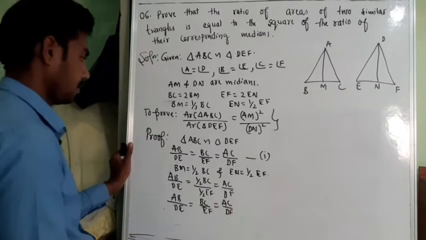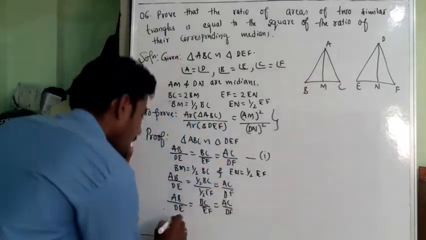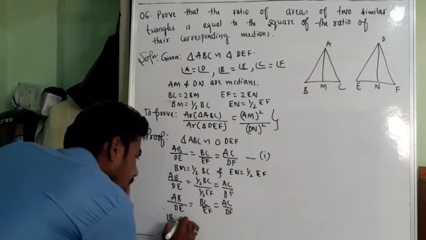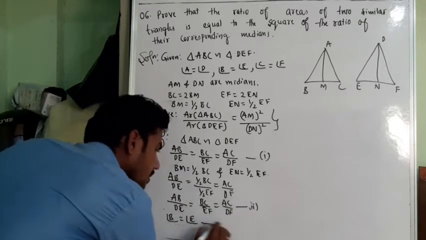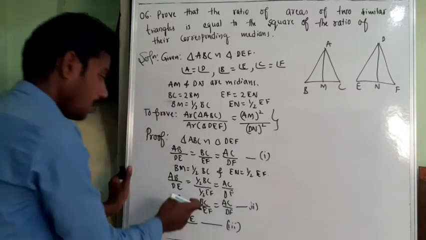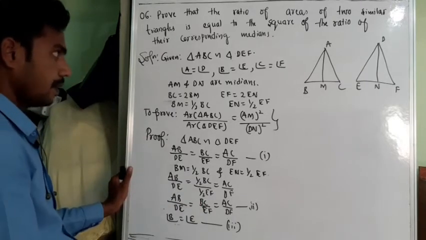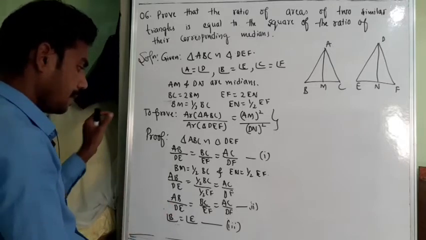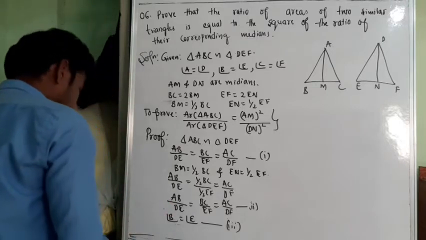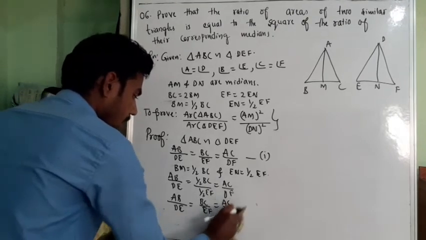And angle B is equal to angle E. So if I call it as 2, if I call it as 3, from 2 and 3, I'll rewrite this again.